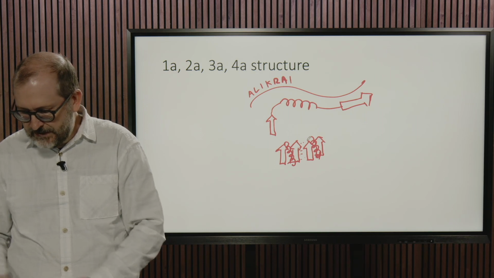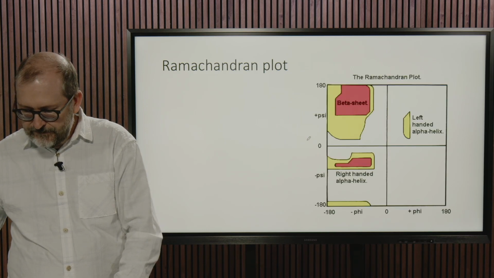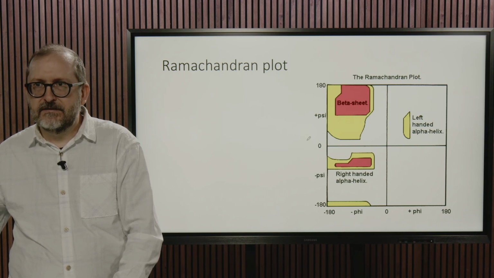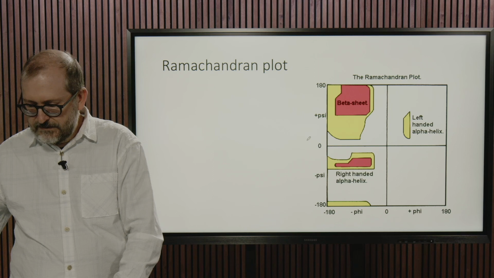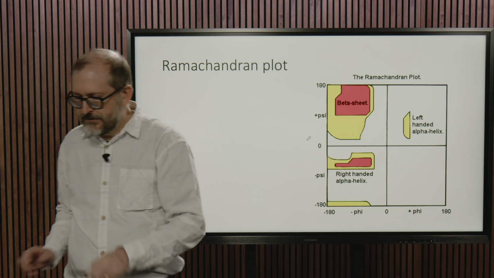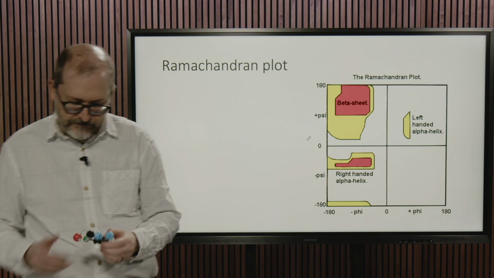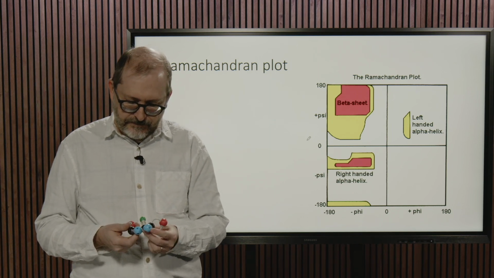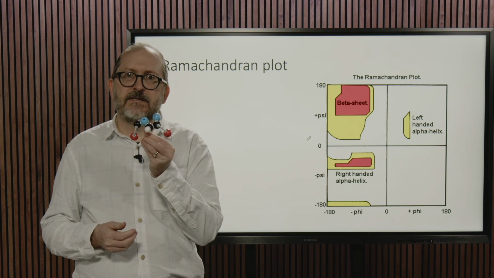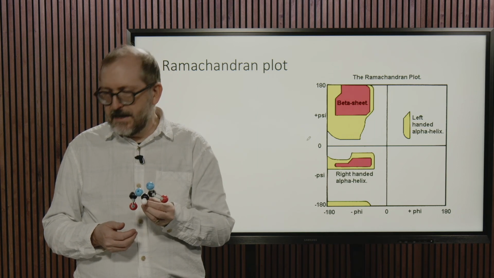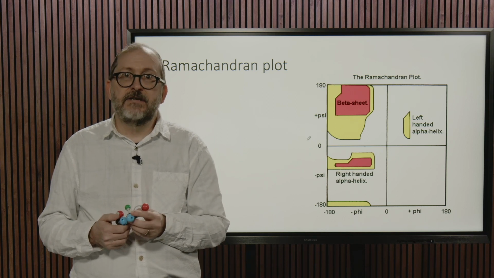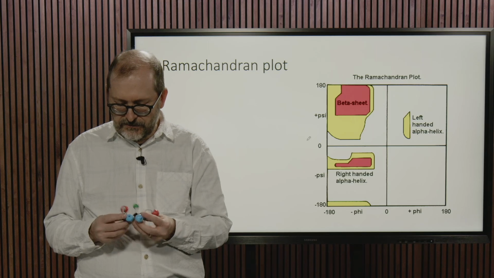Okay, so now we've got the hierarchy of structure. And now we get into the Ramachandran plot. What Ramachandran did was he took something like this, basically an argument that atoms can be represented by hard spheres, and asked himself what values of phi and psi are not allowed.